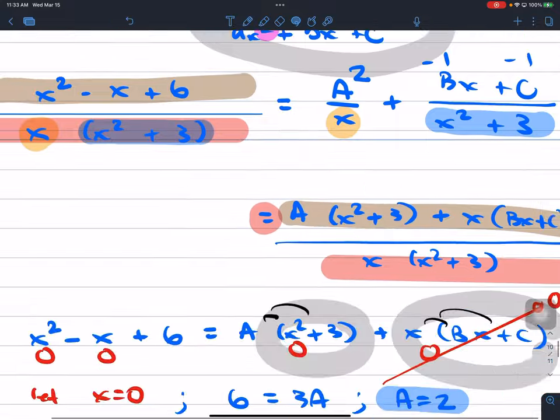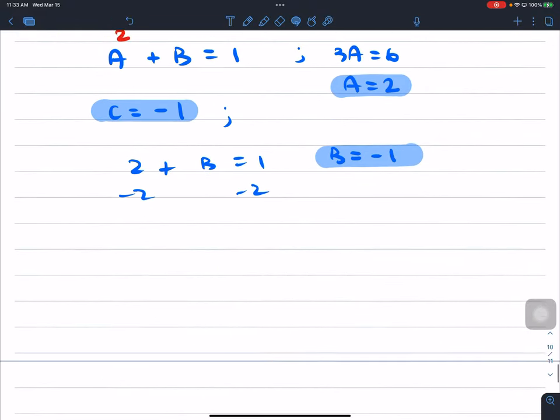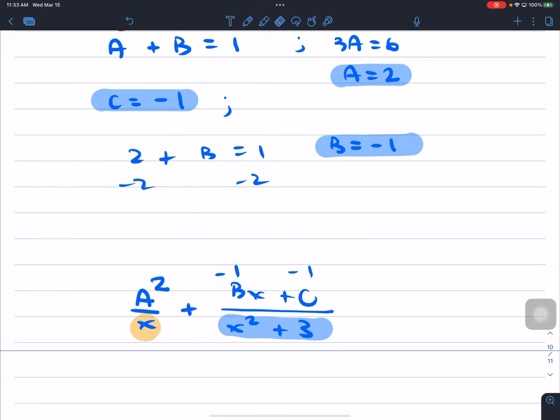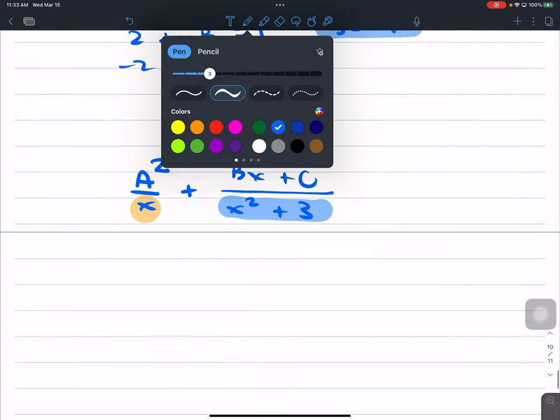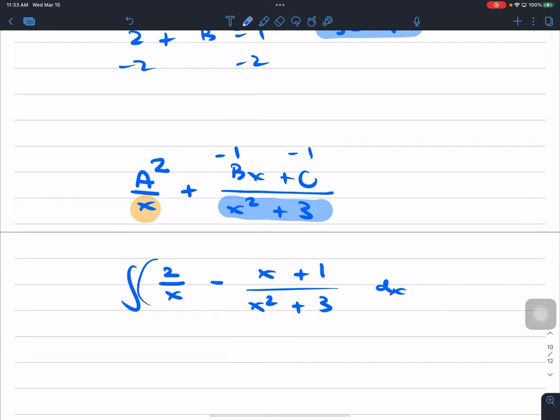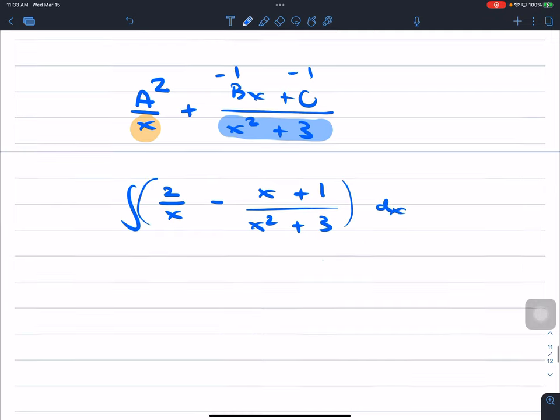Copy. What is this by partial fraction decomposition? You're going to integrate 2 over x minus x plus 1 over x squared plus 3 dx. You said, why?